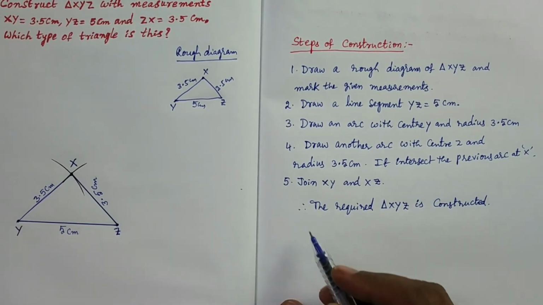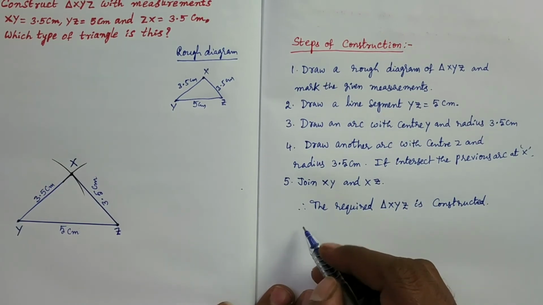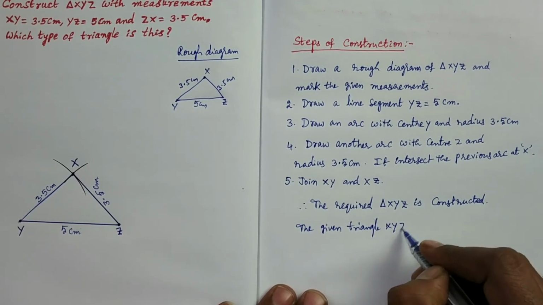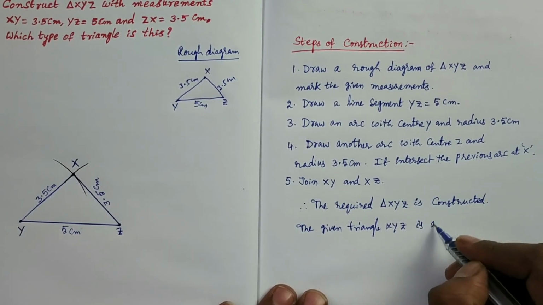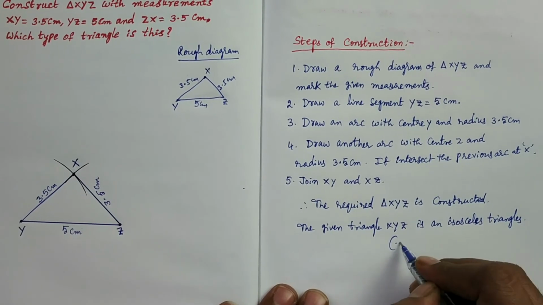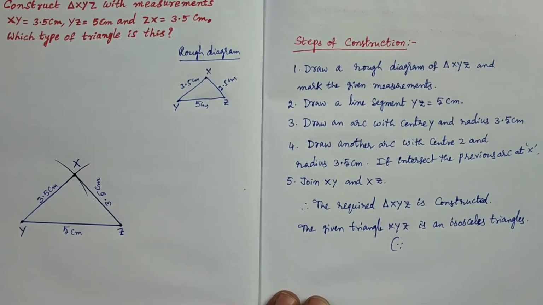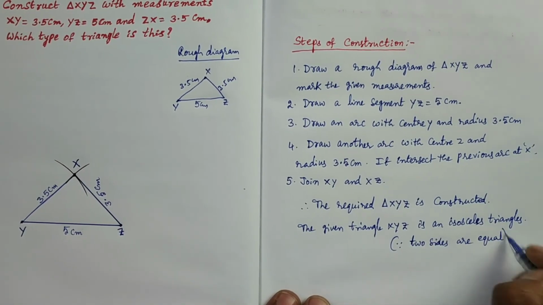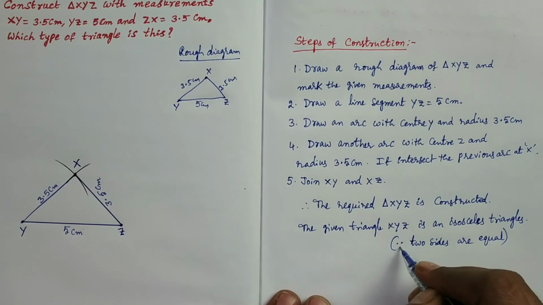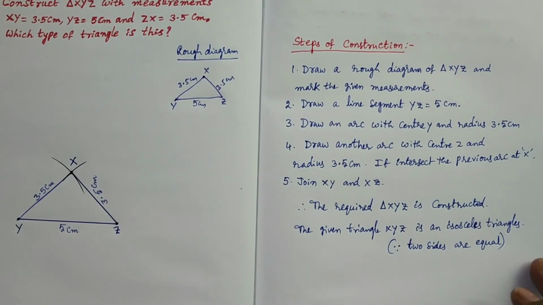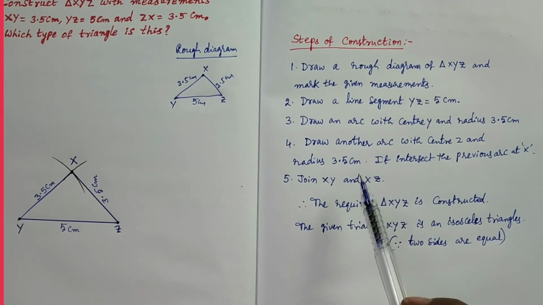So the given triangle XYZ is an isosceles triangle since two sides are equal. This is the since symbol. So the construction is over.